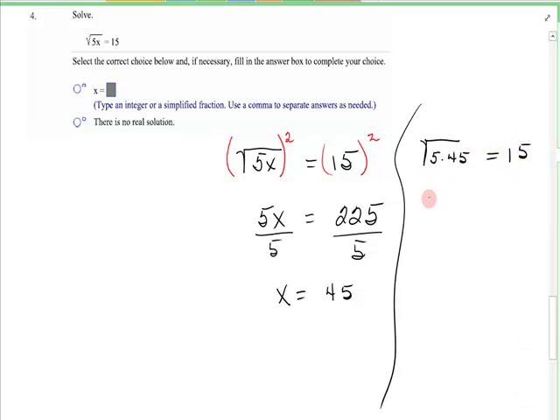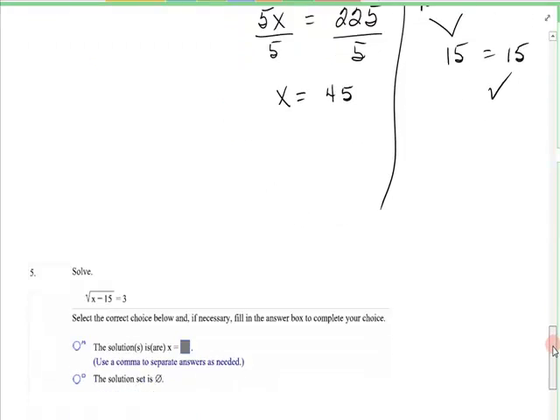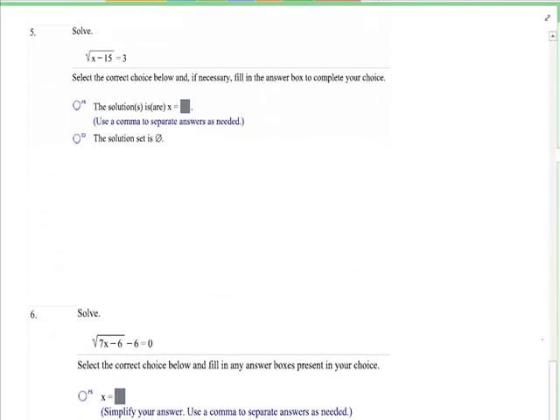Well, 5 times 45 is 225, still under the radical. The square root of 225 is 15, and it is equal to 15. So that checked. If it's going to be an extraneous solution, it will not check, but the problem will be with a sign. All right, we have 2 more to look at.